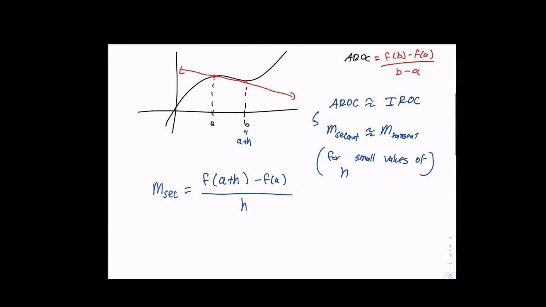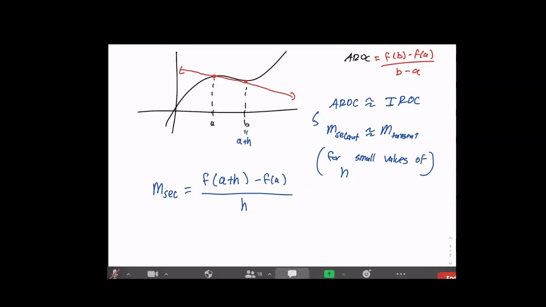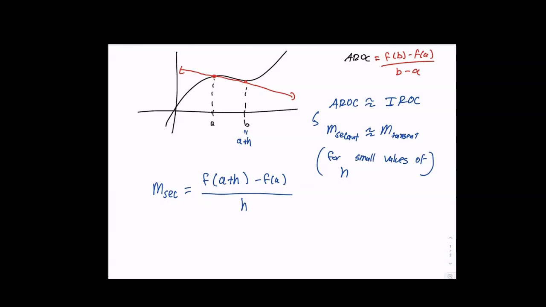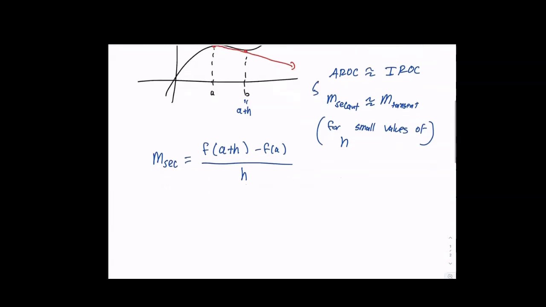So for small values of h, this is a great approximation. For small values of h, this approximates the tangent line. So the slope of the tangent at x equals a is approximately f of a plus h minus f of a over h.